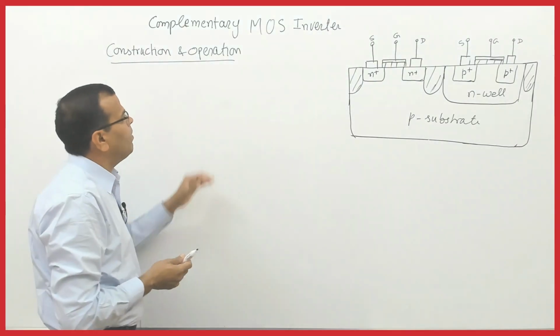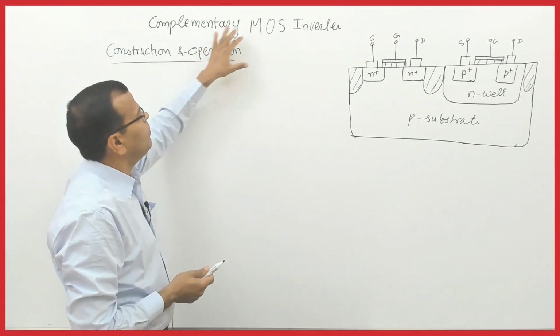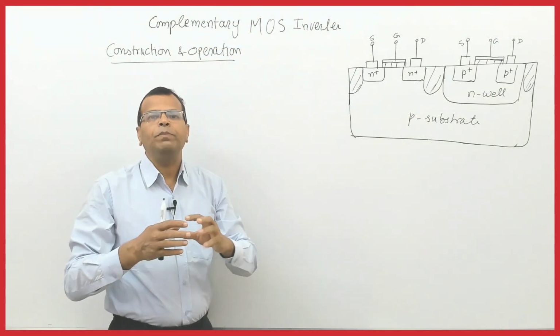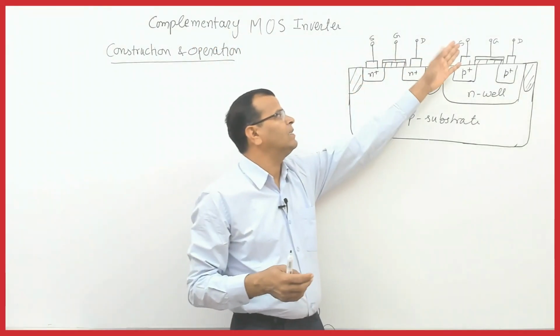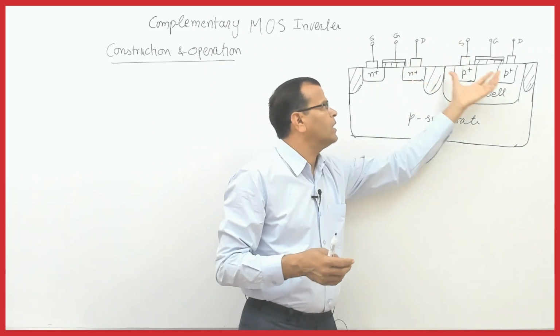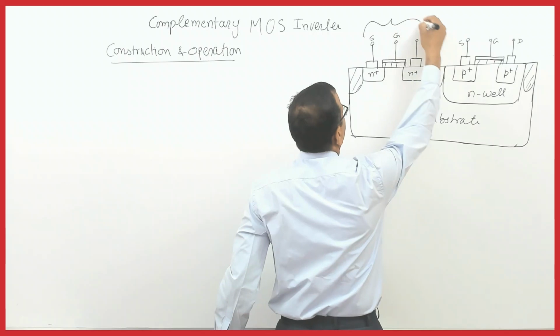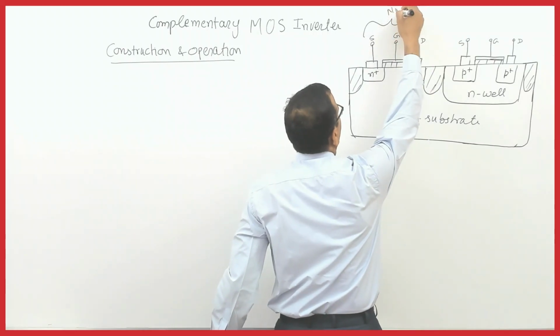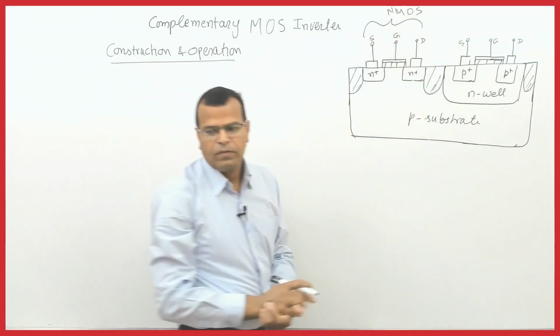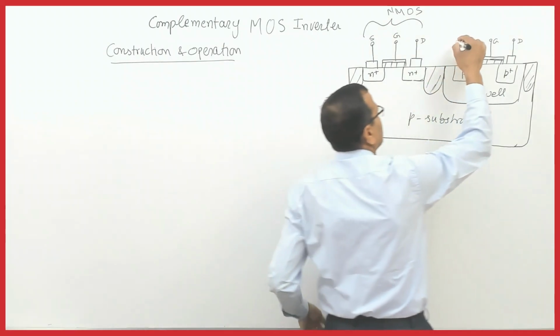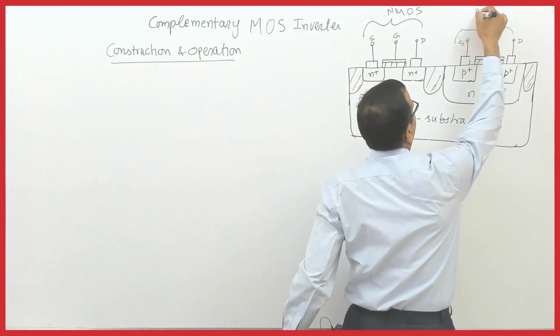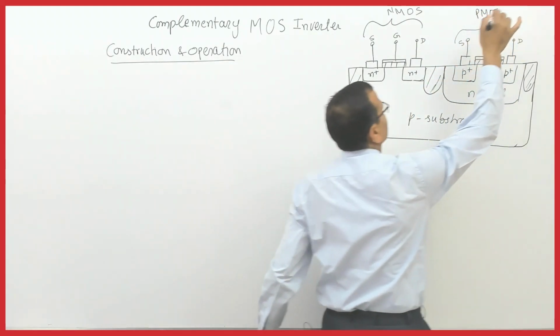If you talk about the CMOS inverter, it is basically the connection of the terminals of the NMOS and PMOS. I repeat, this part of CMOS is NMOS, and this part of CMOS is PMOS.